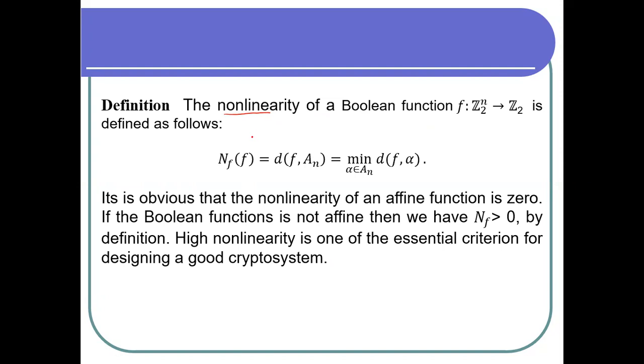It says that the distance of f, any Boolean function, from all of the affine functions, that is the minimum of the Hamming distance of f with all a, where A is the set of all affine functions in the space of Boolean functions B n.